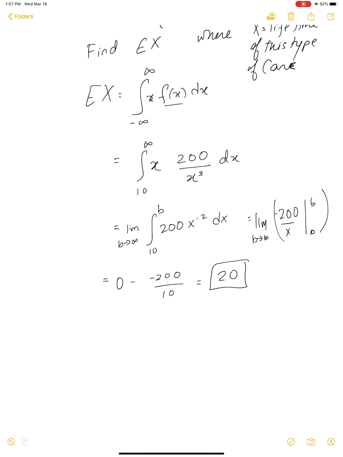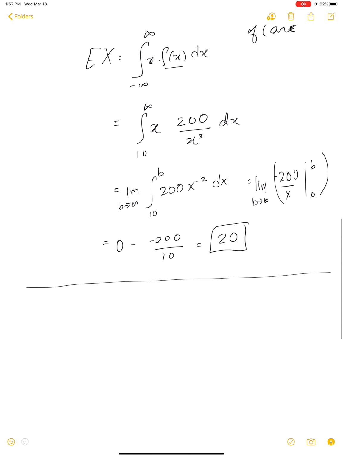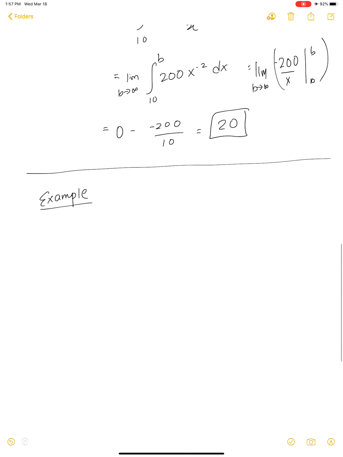Okay, so let's take a look at another example. And over here, what we're going to do is look at a function of a random variable. Okay?